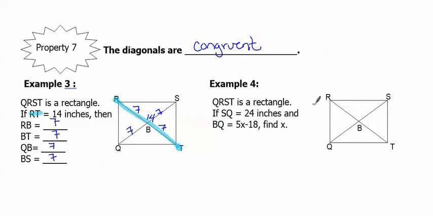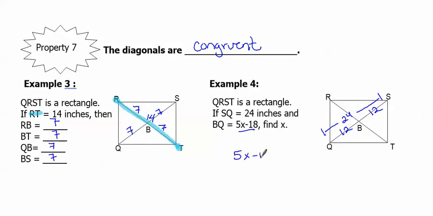So let's look at example 4. QRST is a rectangle. All the way from S to Q is 24. BQ, which is half of that, is 12 and 12. It's also 5x minus 18.